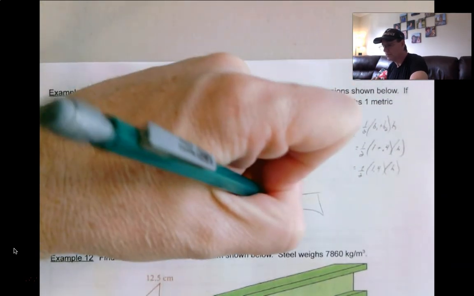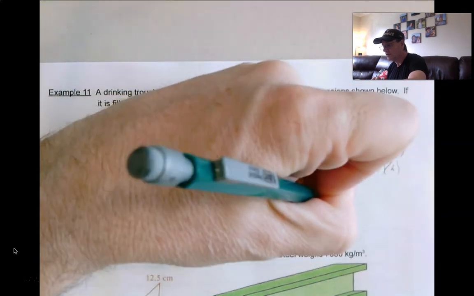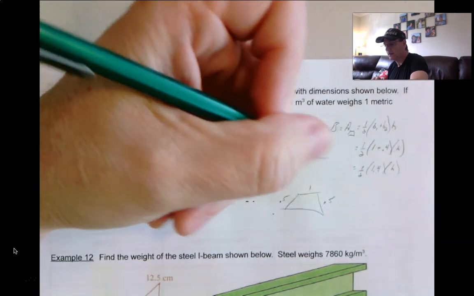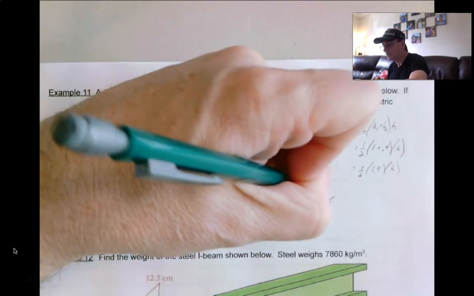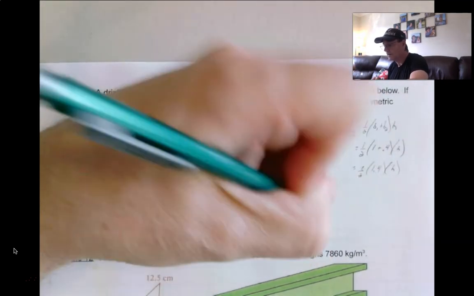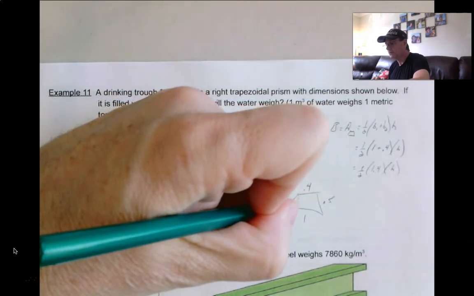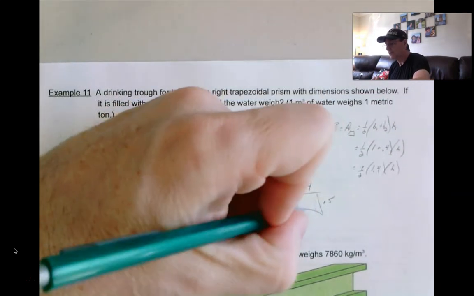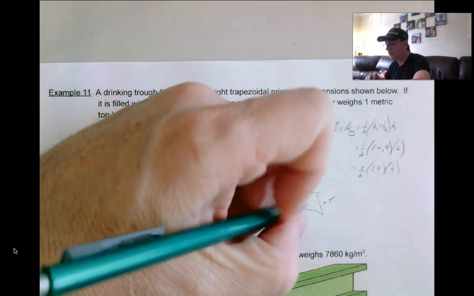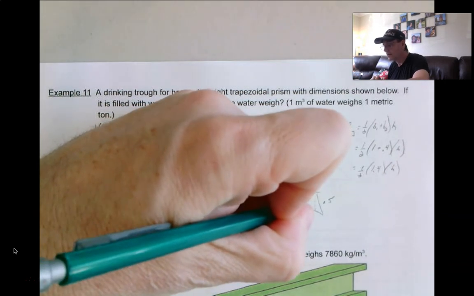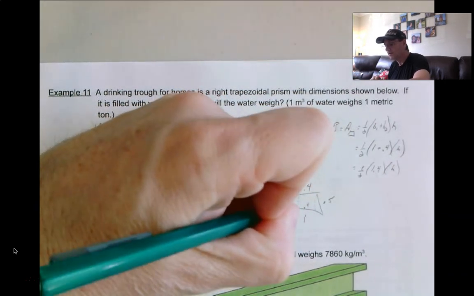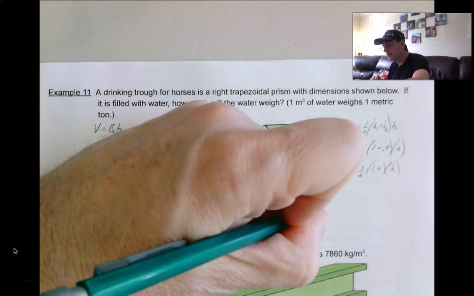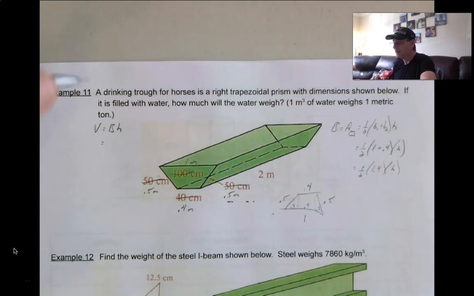This is 0.5, 0.5, 1, and I'm sorry, 0.4. I flipped it upside down, and 1 is down. So if this is 0.4, that means I have 0.3 and 0.3 left over.